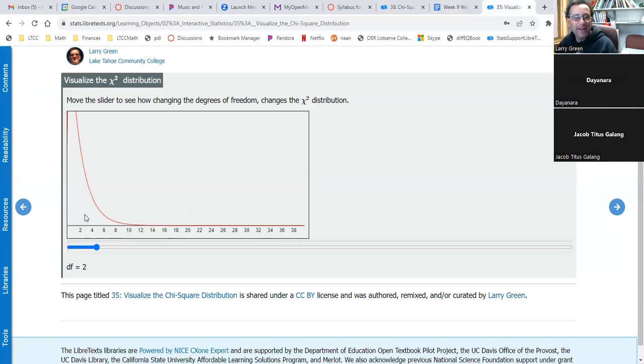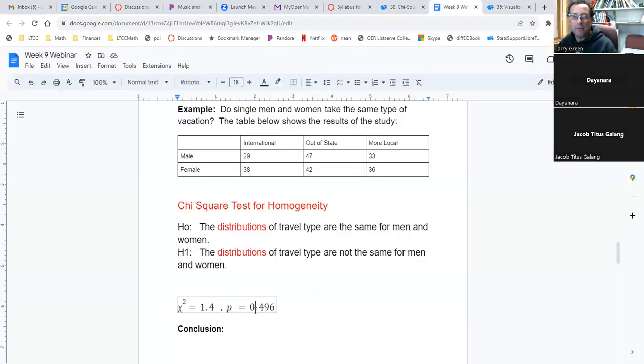And you look at the area under the curve to the right of that, that will be 0.496. So that's kind of what the picture of it is. You won't do too much of that, but it's good to see that it's not that much different than what we did before when we looked at the normal distribution and we shaded in stuff and we found a probability. The P stands for that probability. Any questions?